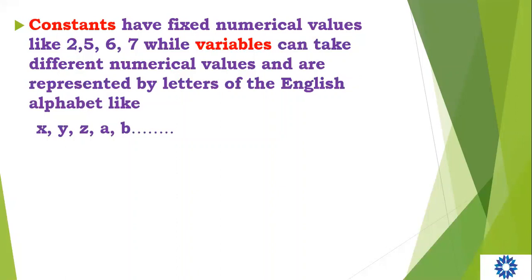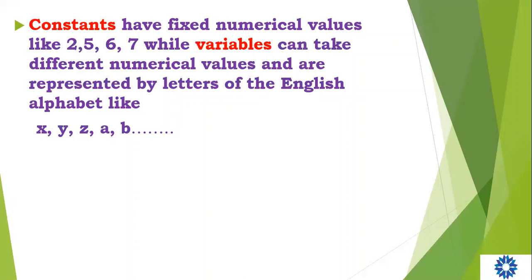Constants have numerical values like 2, 5, 6, 7, while variables can take different numerical values and are represented by letters of the English alphabet like x, y, z. It means constants are numbers, counting numbers.